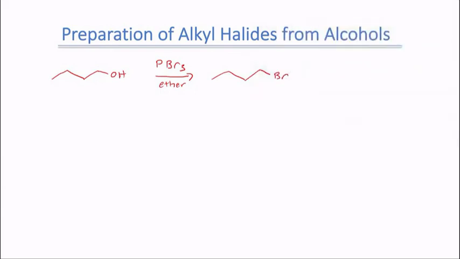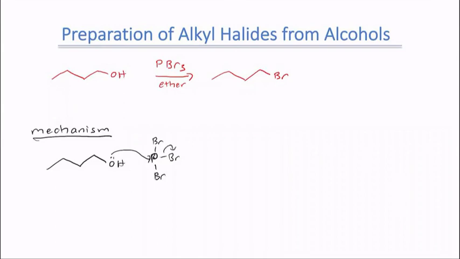And so looking at the mechanism for how this occurs. If we start with our alcohol, it's going to react with our phosphorus. And so the lone pair from the oxygen will attack the phosphorus. That then kicks out a bromine.